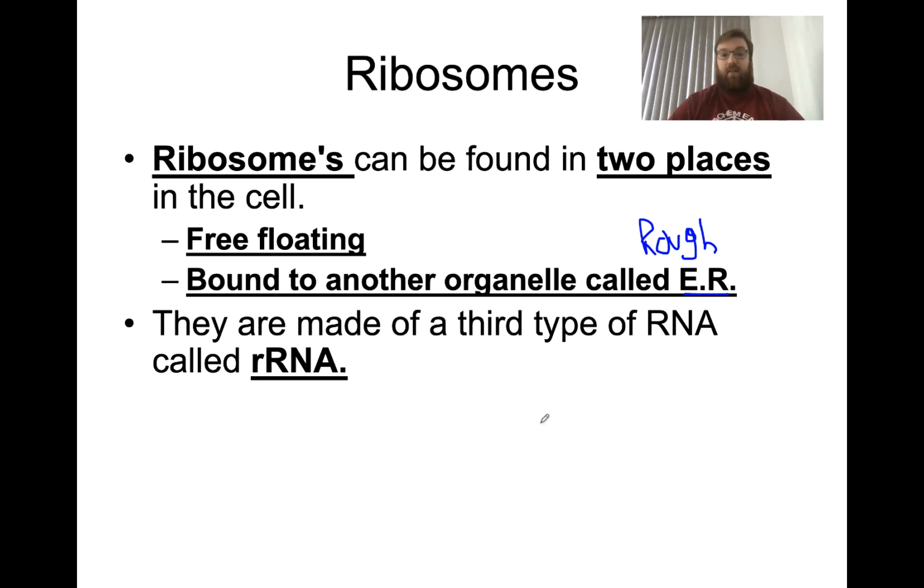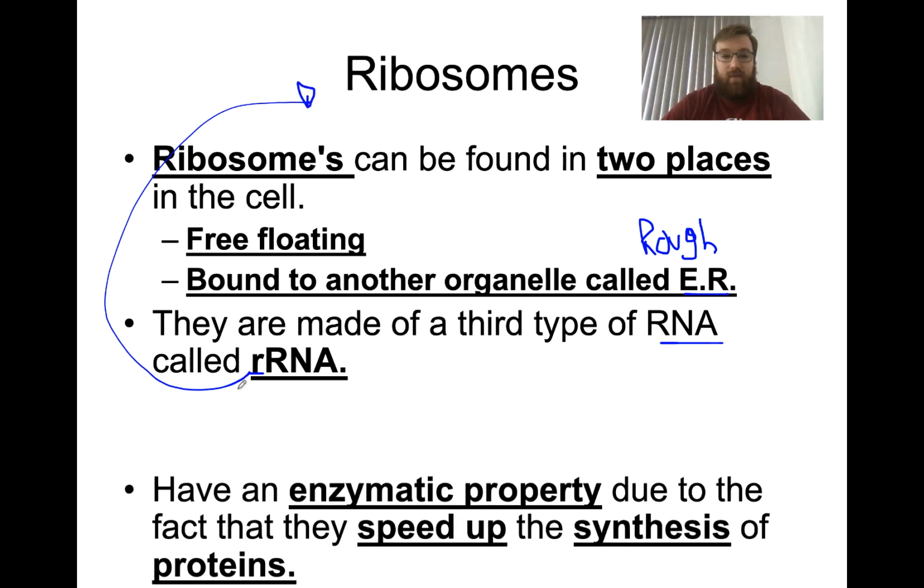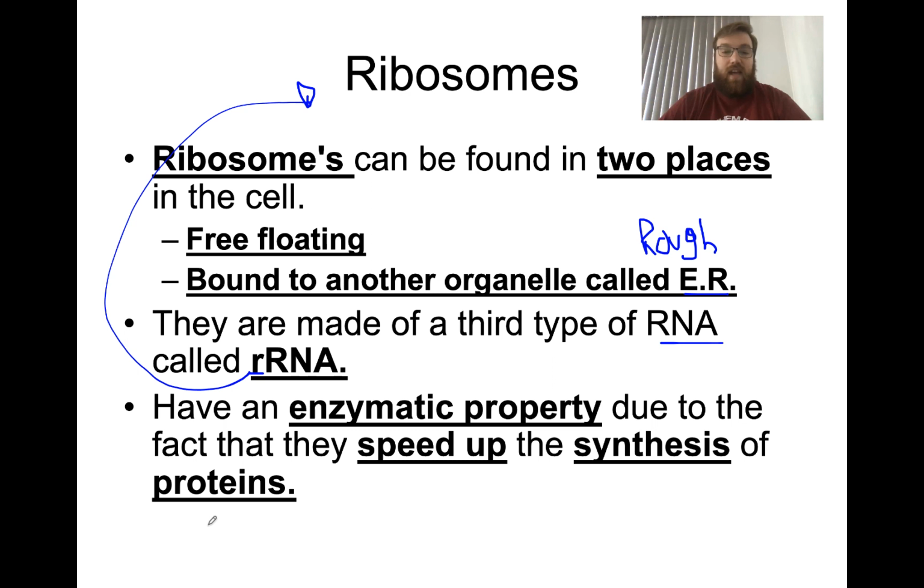They're made by a third type of RNA called rRNA. That just means ribosomal RNA. So ribosomes are made up of rRNA. They have enzymatic properties because they speed things up and they make proteins, but they're not really proteins.